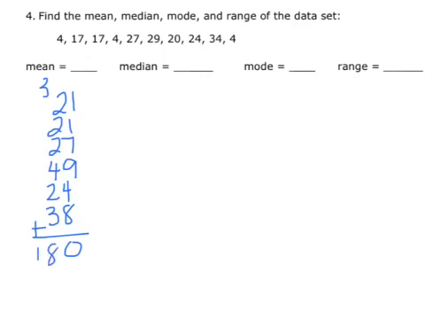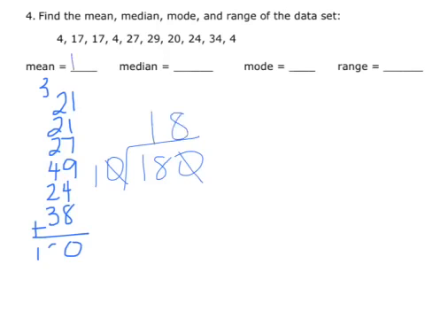So 180. So we are dividing 180 by 10. Those zeros can cancel out, so it goes in there exactly 18 times. So my mean is 18. That's my average for those numbers.